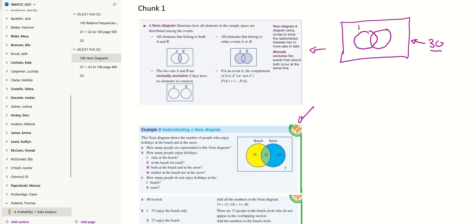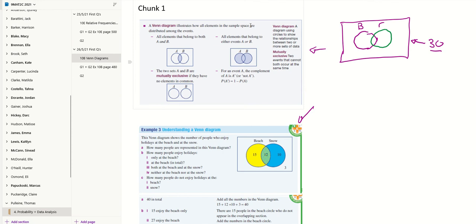So I'm going to make a circle here with basketball on top, and this other circle is going to have cricket on top. Everybody who likes basketball is going to end up inside the first circle, and everybody who likes cricket is going to end up inside this big circle.